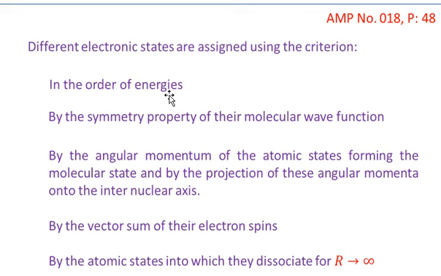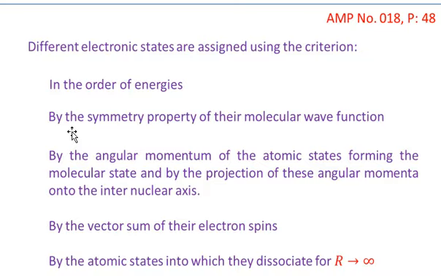If the energy is lowest, the electronic state will be lowest in energy, and there will also be some other electronic states with higher energies. So the electronic states will be categorized in terms of the different energies, belonging to the binding energies corresponding to each electronic state.